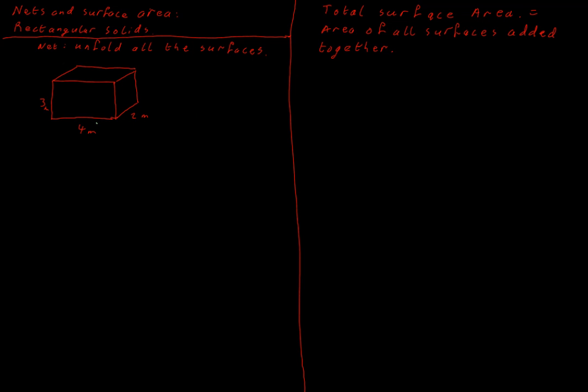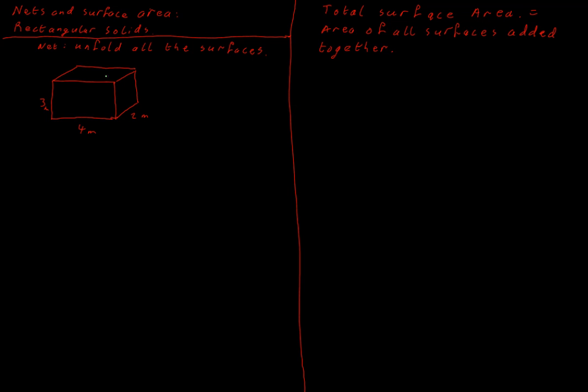So if I have an example of a rectangular box here and I want to get the net of it, what I can imagine is if it's made of cardboard, we'll say, and we have all of our edges just sealed together. If I cut all of my edges apart and unfolded that cardboard box out into a big flat piece, what would its shape be?